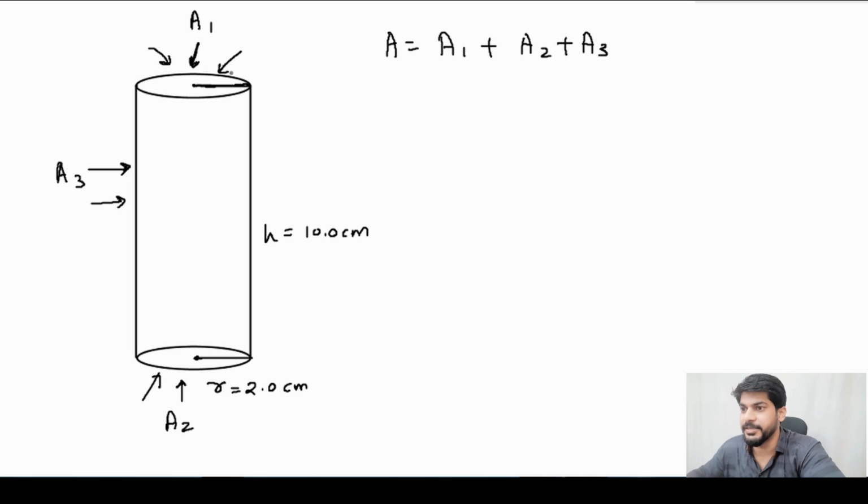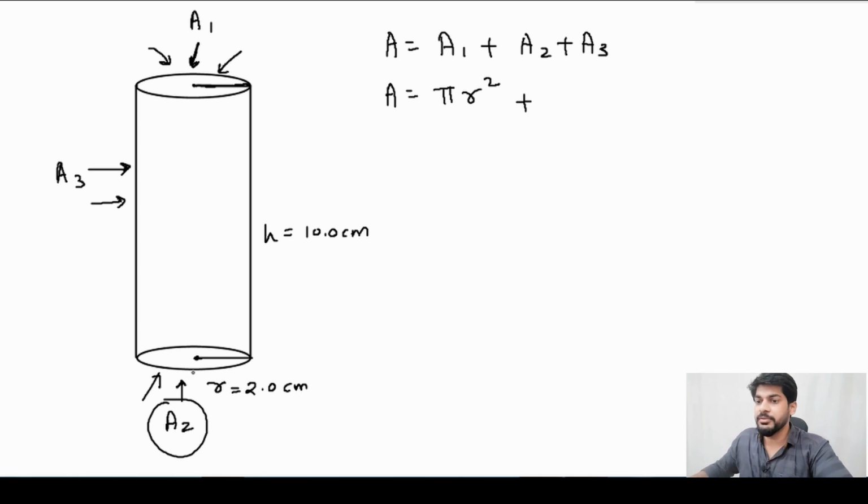It's a circle, and the area of a circle is pi r squared. R is given to us. Plus A2: again it's the surface area, the area of the base. The base is again a circle, so it's again pi r squared. The area of a circle is pi r squared.